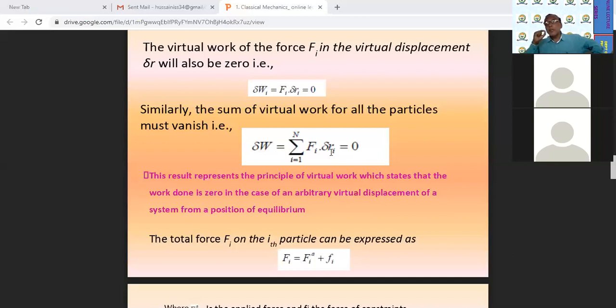Remember this word equilibrium. When the system is in equilibrium, then the total work done by the system of particles is equal to 0, and this concept is called the principle of virtual work.